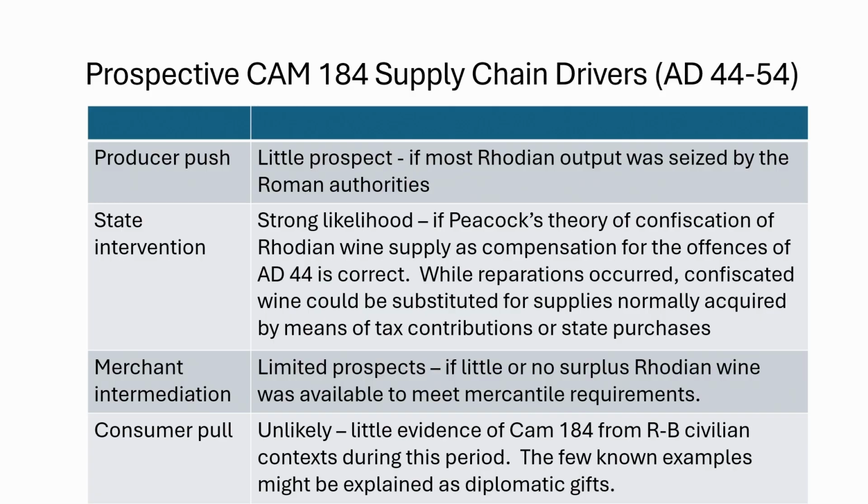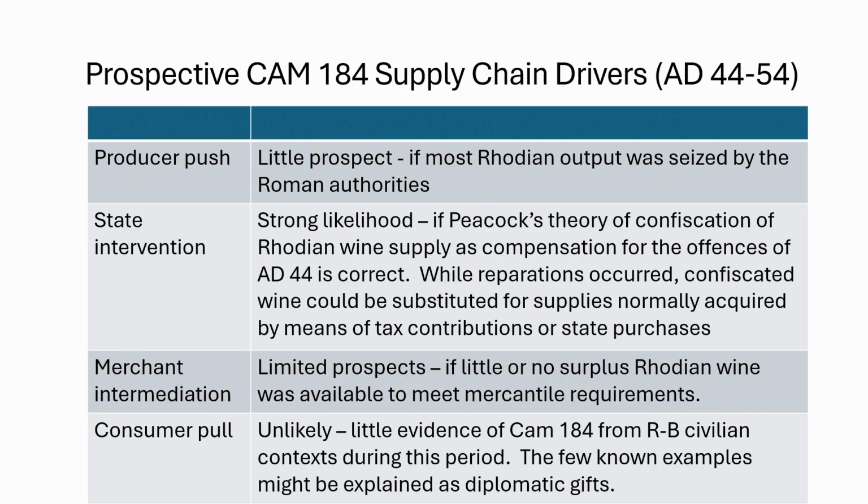And finally, consumer pull, could that be a factor? Well, there are a couple of Cam 184s identified from civilian sources, but they mainly tend to be at sites like Sheepen and Colchester, where it's quite possible to explain those away as diplomatic gifts rather than consumer demand.